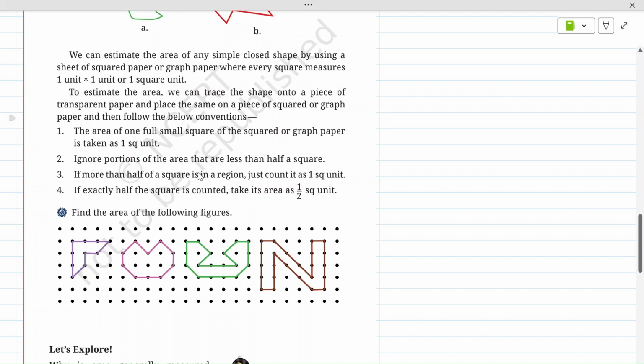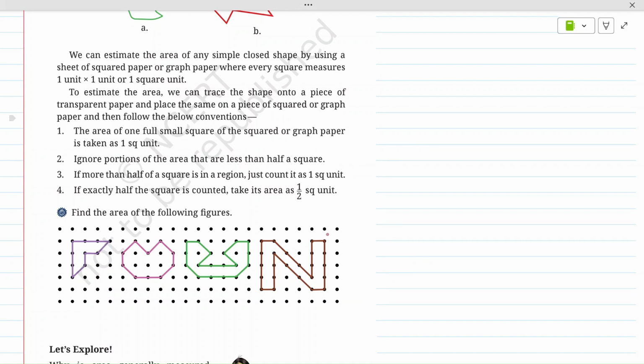Okay, and then follow the below conventions. These are the conventions which we can use to find the area of any figure on a squared graph paper. Let us go through the conventions. The area of one full small square of the squared or graph paper is taken as one square unit.